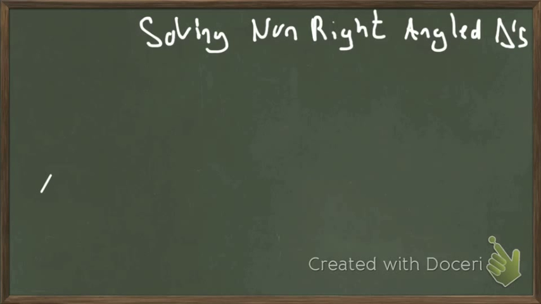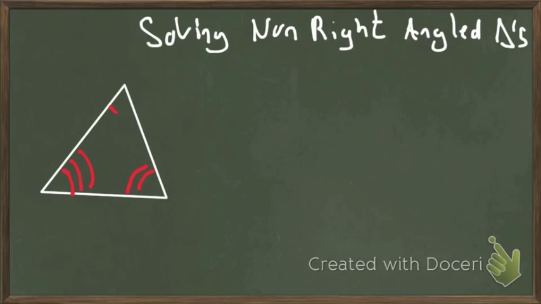Well, the first type I can think of is an acute triangle, and what makes an acute triangle is that all of the angles are less than 90. So there's not a single angle out of all three which is greater than 90. So that's the one type of non-right angled triangle.